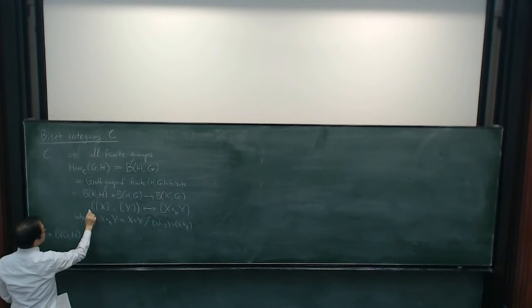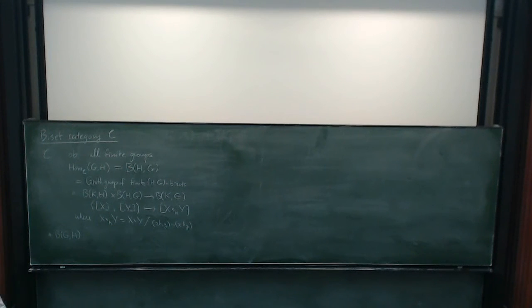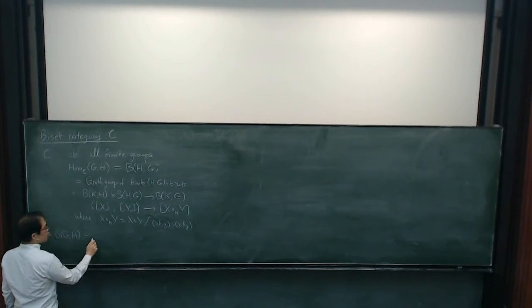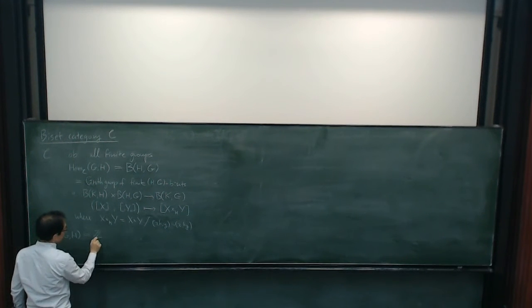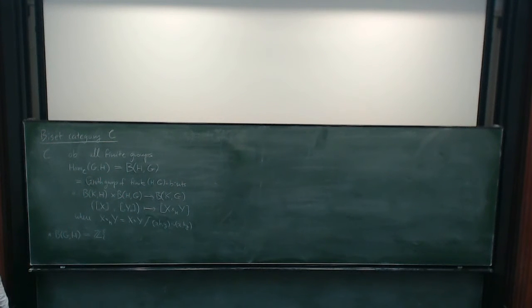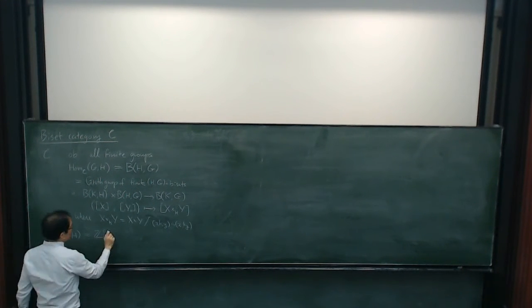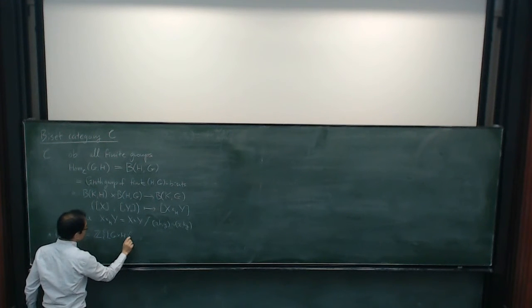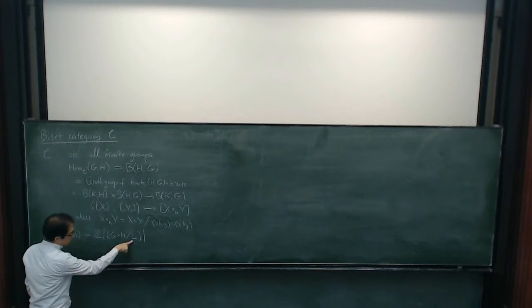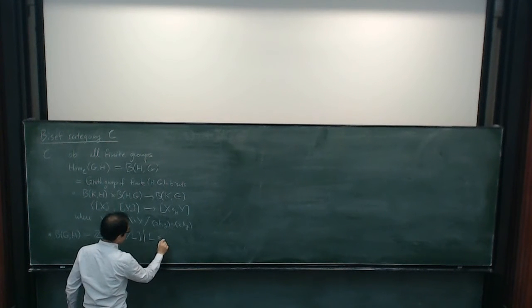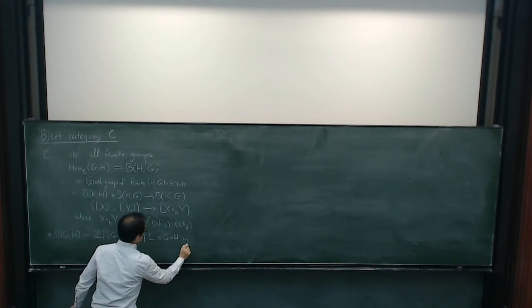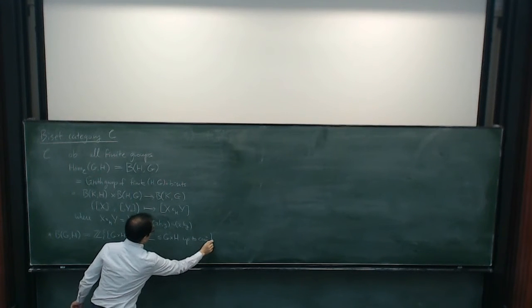So here X is a KH biset. As an additive group, this is just the free abelian group on isomorphism classes of transitive G cross H sets, which are G cross H over some subgroup L, and these L's are taken one from each conjugacy class. So you take this up to conjugacy.